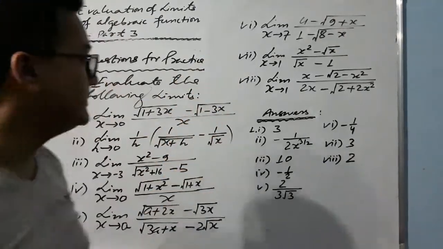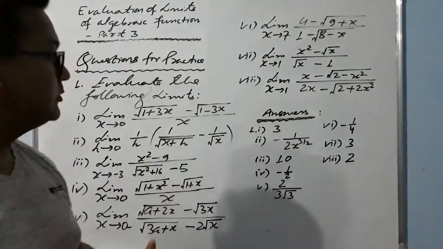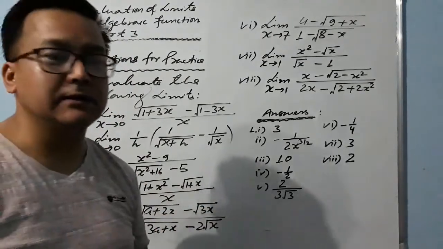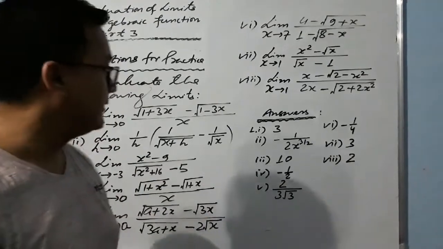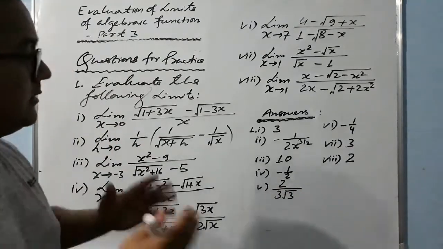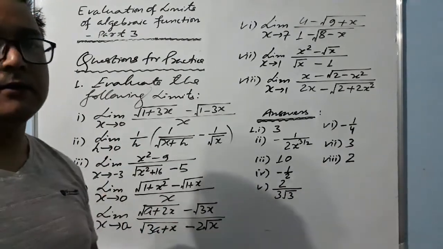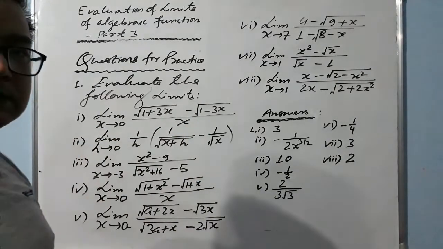And today, for the first time, I've given answers also for you. It will be easy for you to check whether you have done it correctly or wrongly. If wrong, you can try again. But these questions are all easy, not so difficult. If you try, you will definitely get the answers to all of these questions.